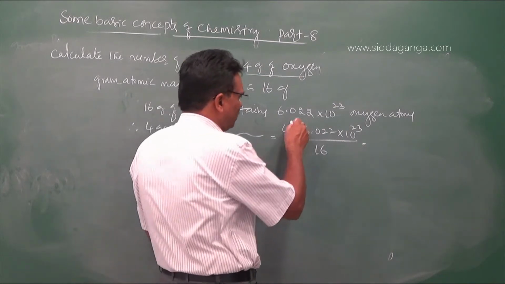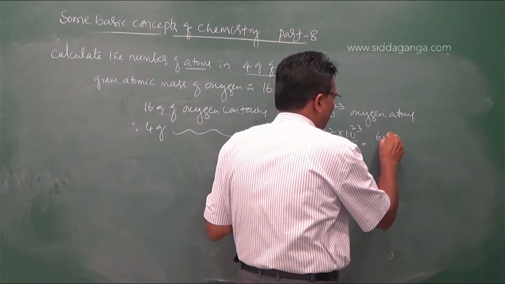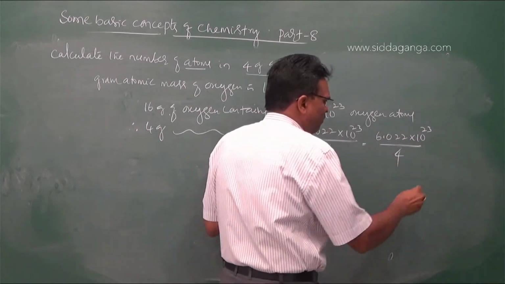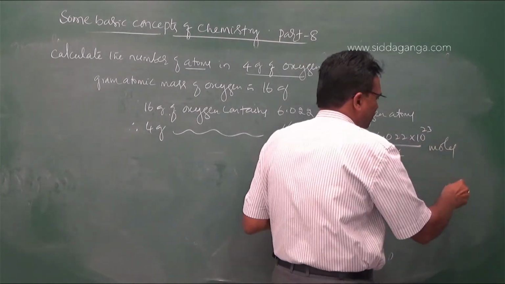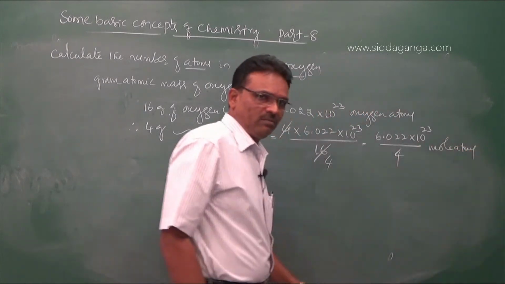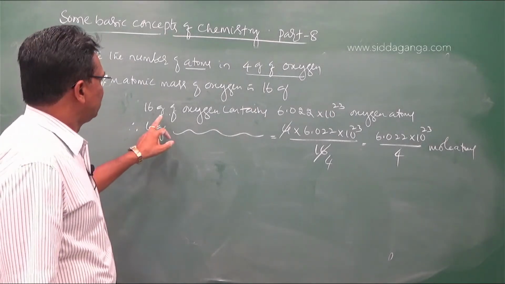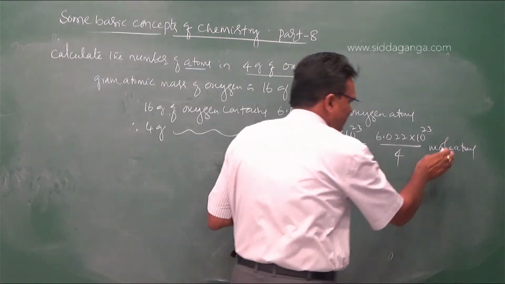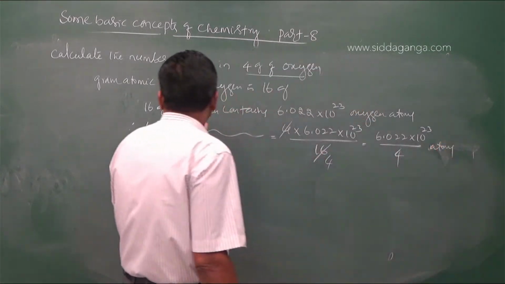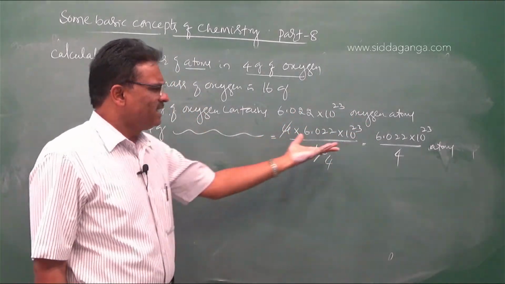It is equal to 6.022 into 10 to the power of 23 divided by 4. Sorry, these are the atoms, not moles, atoms. 16 gram contains Avogadro number of oxygen atoms. 4 gram contains how many?